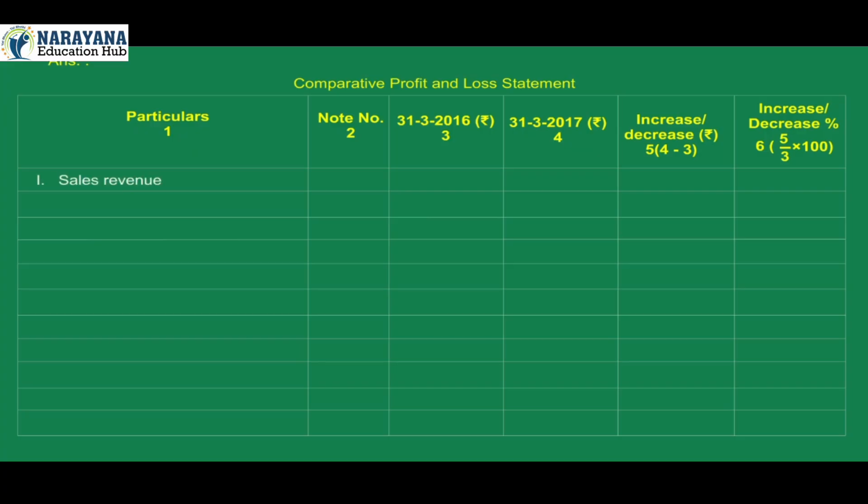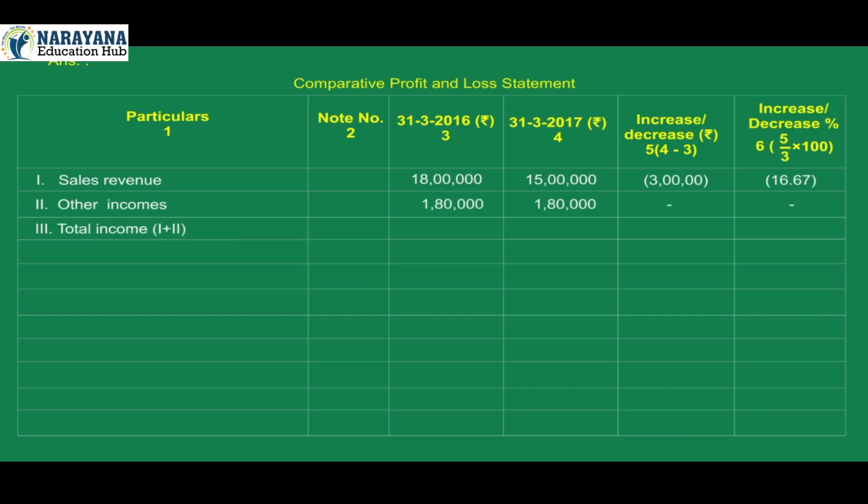1. Sales revenue 18 lakh, 15 lakh, 3 lakh, 16.67%. 2. Other incomes 1 lakh 80,000, 1 lakh 80,000, dash, dash. 3. Total income, 1 plus 2, 19 lakh 80,000, 16 lakh 80,000, 3 lakh, 15.15%. 4. Expenses. 1.